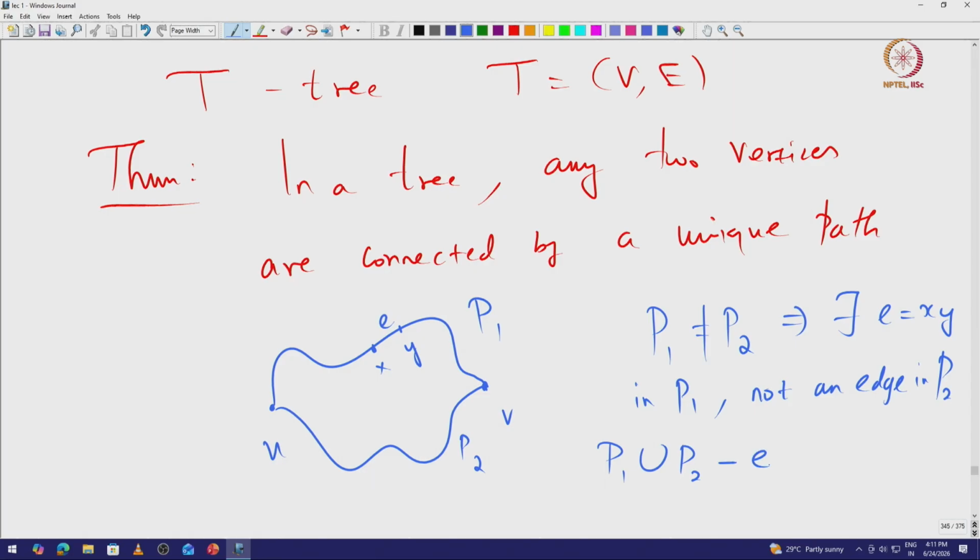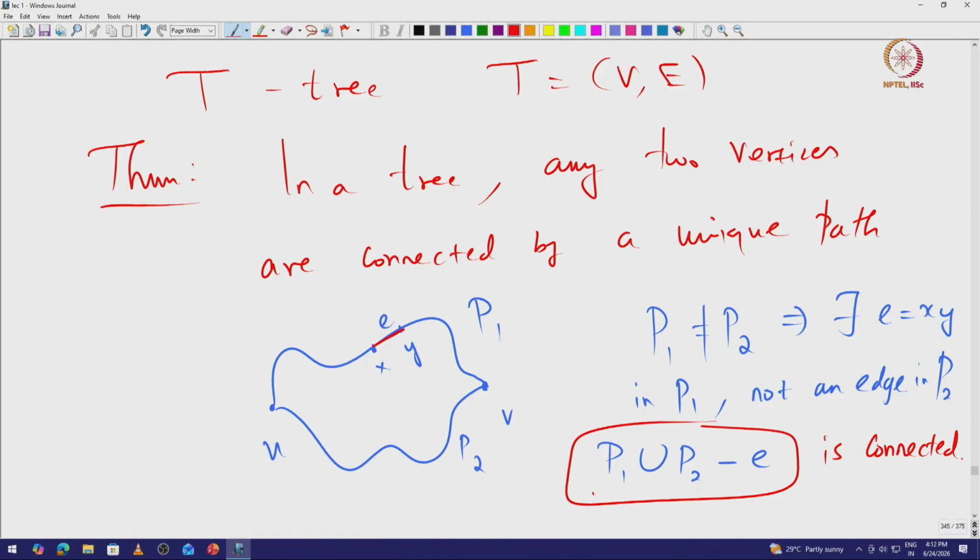By the diagram itself it is clear that it is supposed to be connected. Since you have chosen this edge in P1 which is not an edge in P2, when you remove this edge from the union of these two paths, the resulting graph is still connected.